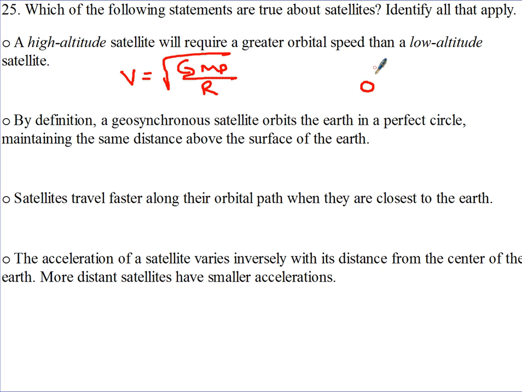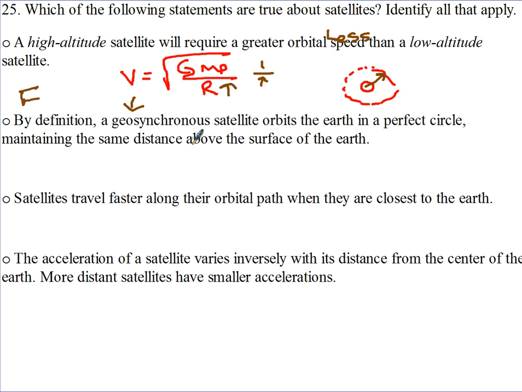So if here's my planet and here you are, clearly the higher the altitude you are, that means you're further from the center of the planet. If this number is large, well, 1 over a large number is a small number, so your velocity will actually go down. So high altitude satellites require less speed than low altitude, so this one is false.